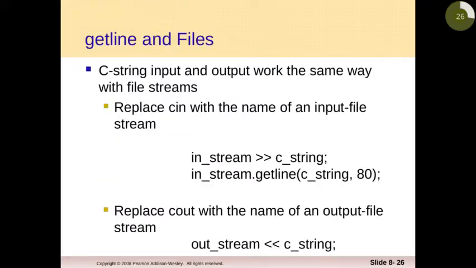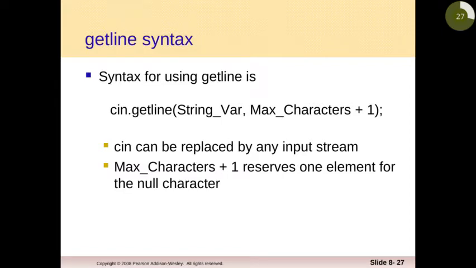Okay, so getLine can also be used with files. I mean, that isn't surprising, I hope. The syntax is that you have to use the input object, then .getLine, then a C-string variable, and then the maximum number of payload characters that you want to read plus 1.